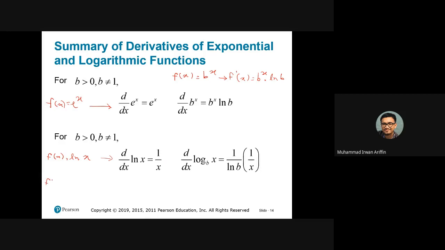But if we have a log function with a base different than e, because this is basically log with the base e, if this is log with the base b of x, then the derivative would have an additional term: 1 over the natural log of b, of that base.